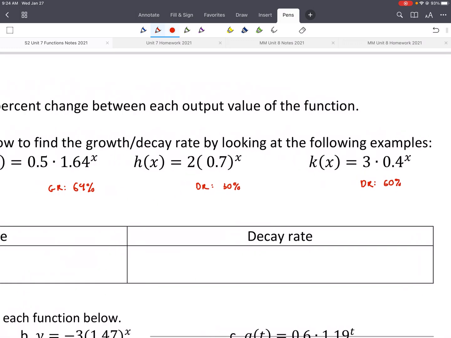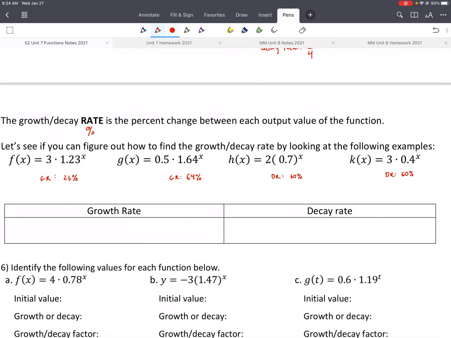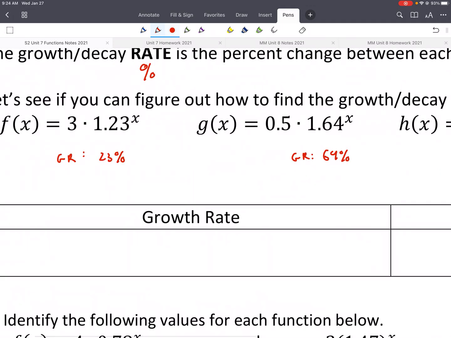Okay. So hopefully you realize that at least for these ones, the decimal is the same as your answer. It's just turned into a percentage. So 0.23 is the same as 23%, and 0.64 is the same as 64%.